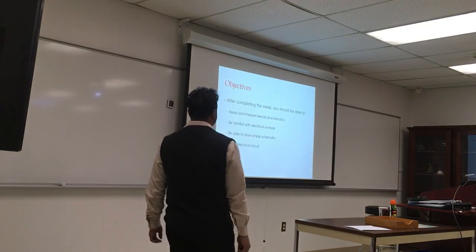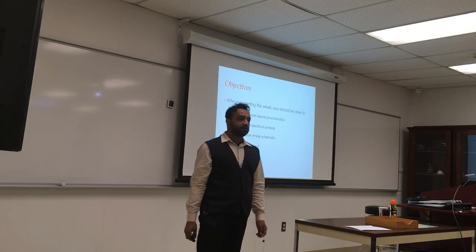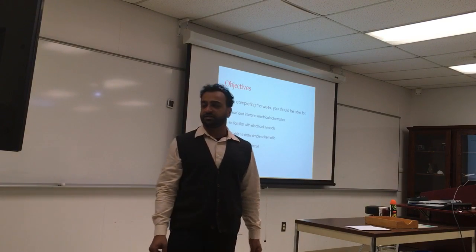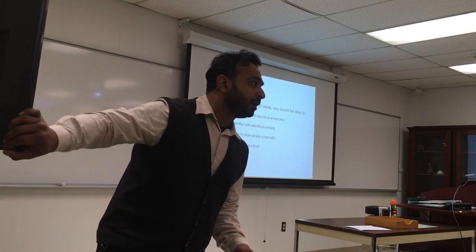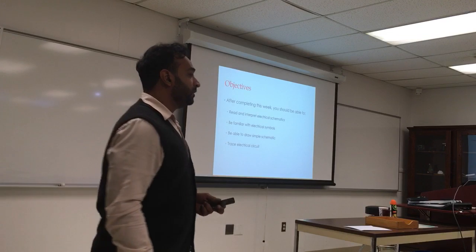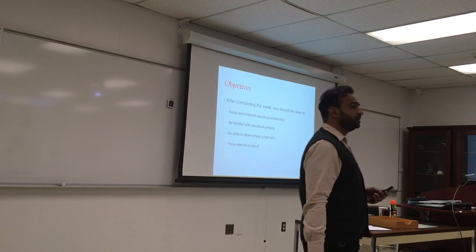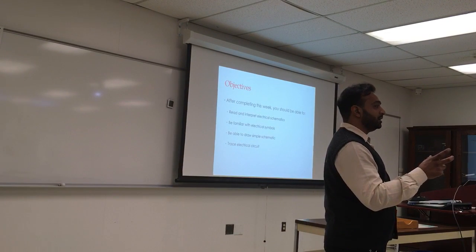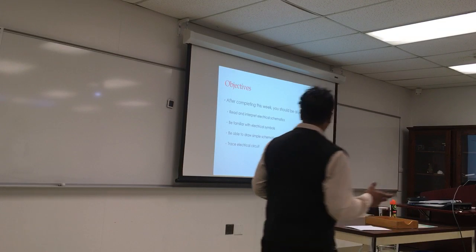Be familiar with the electrical symbols. And again, we said symbols usually change from one industry to another. They're not always the same. But we know the general schematic and symbol for some components.